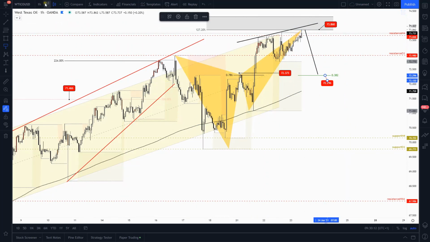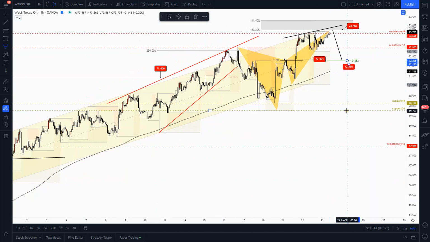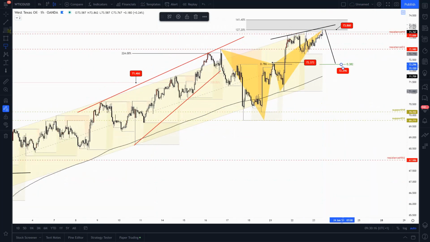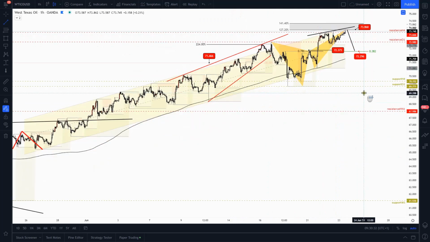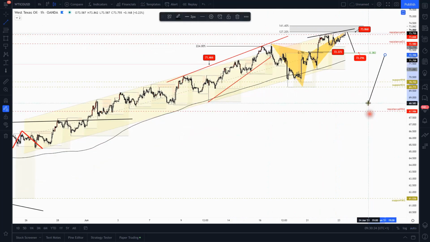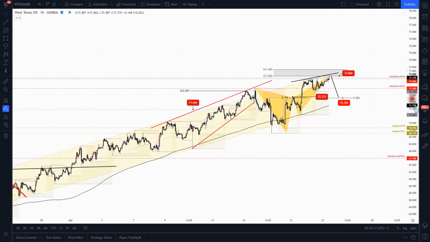That will depend on the instrument that you are trading, but in general, I need to see oil starting to pull back at least to the 38% Fibonacci retracement of the last swing high. That's what I expect. Of course, it can fail, and if the market starts to fail, I have another projection above.